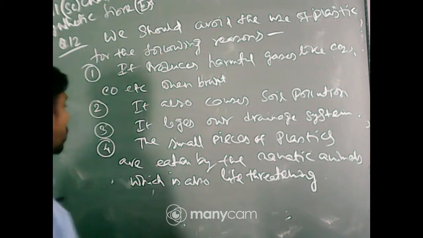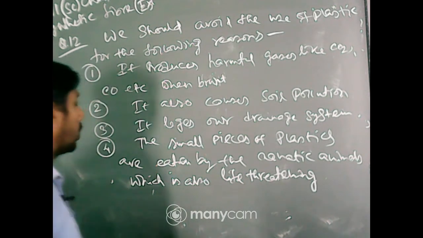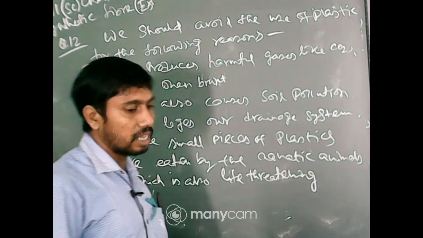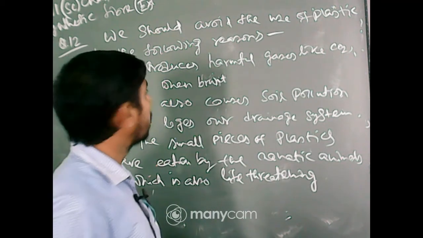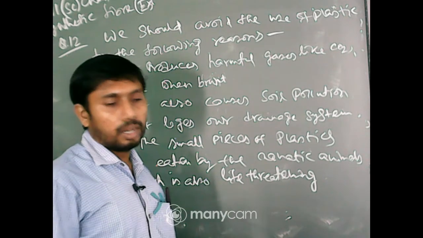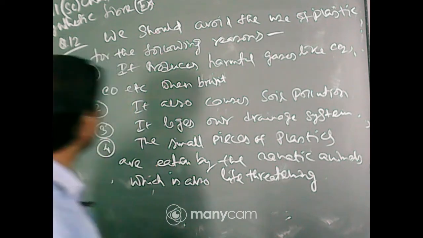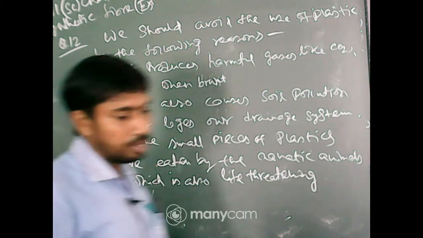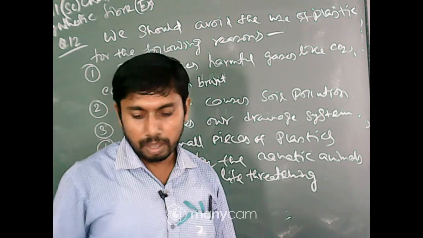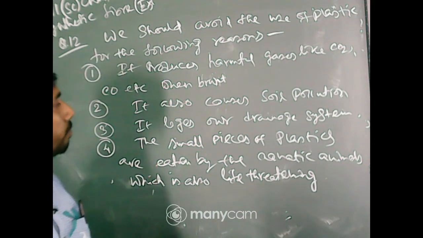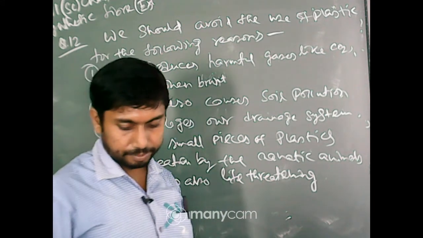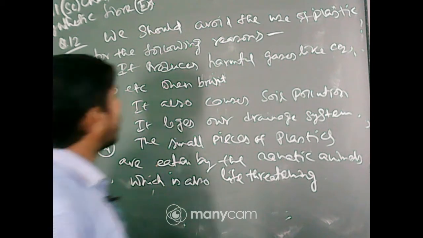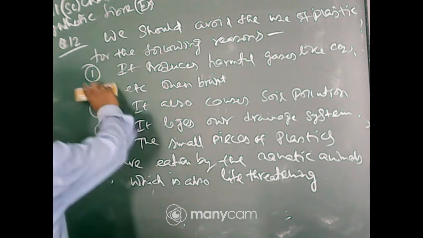These are the very basic points, but there are lots of bad effects of plastic. You complete this first, then next will be the remedial measures, how we can stop the use of plastic. Completed? Okay, so I will run from the first.